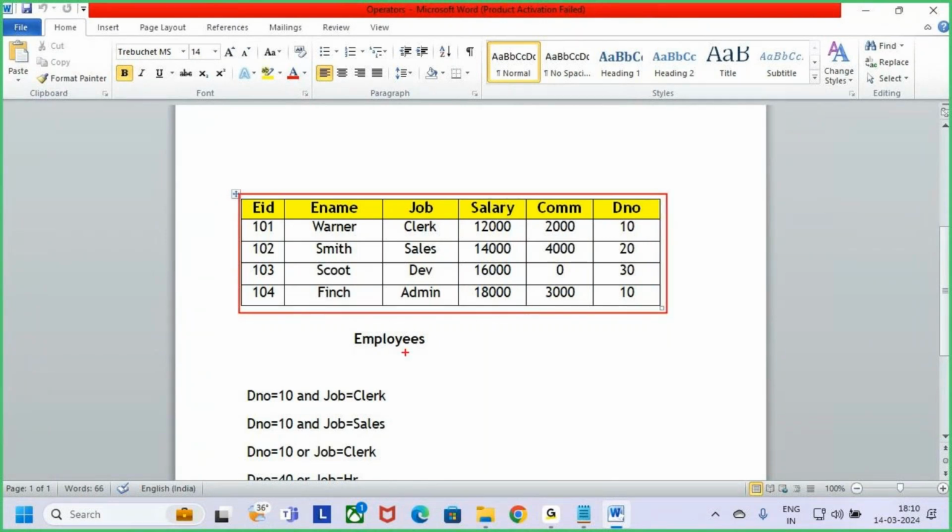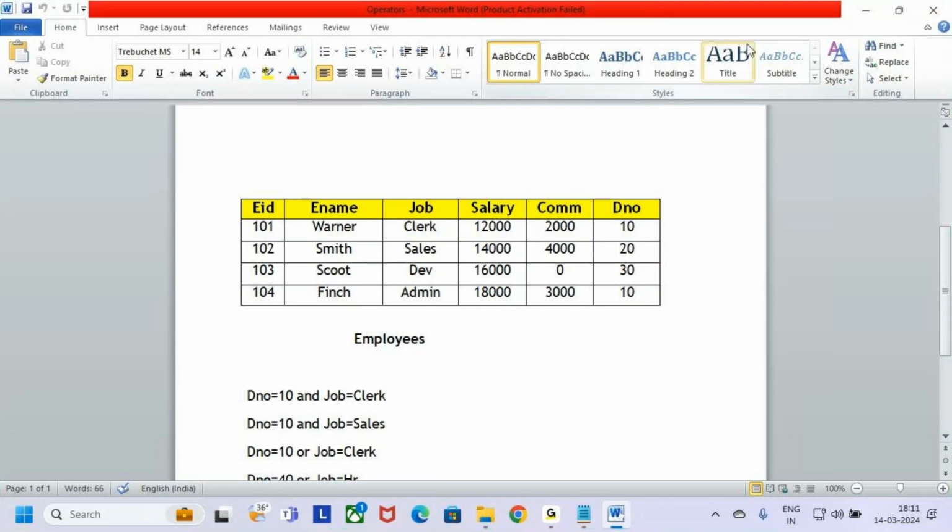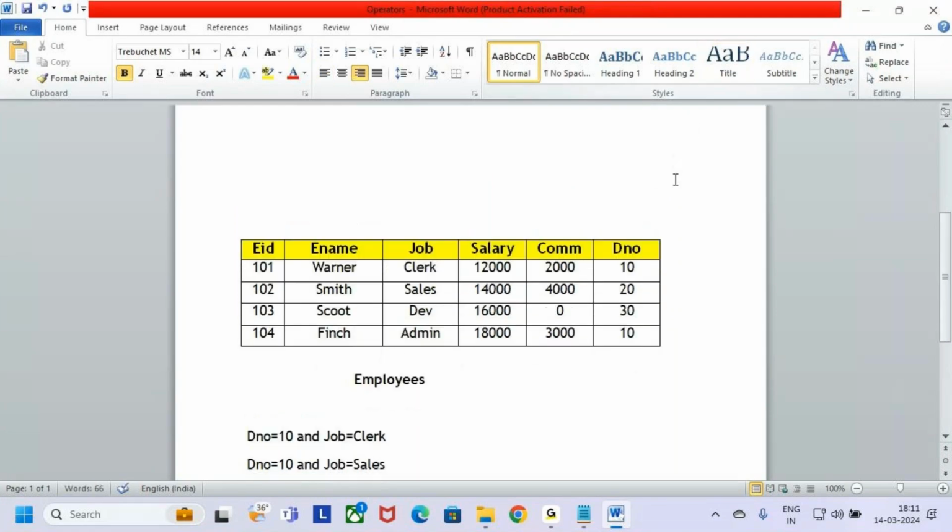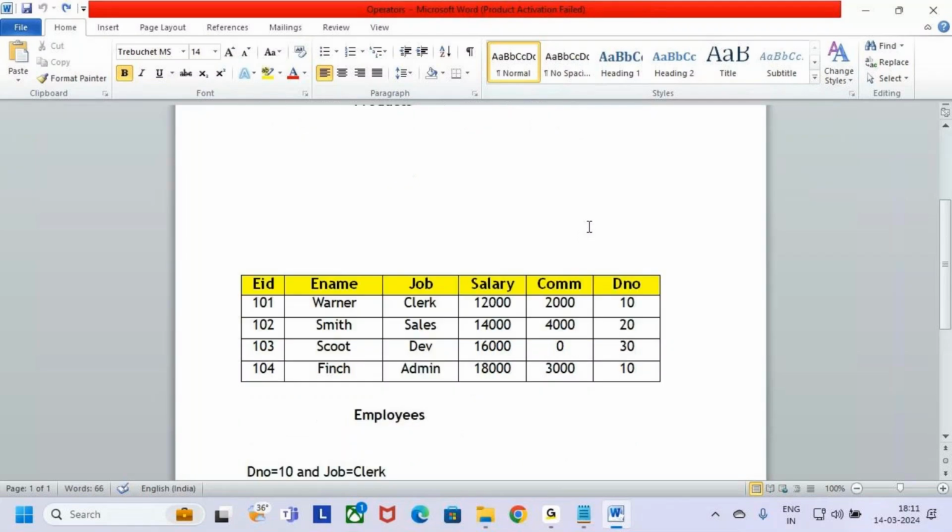My requirement is to add the salary column values with the commission column values. When I add the salary column with the commission column, I'm going to find out the total salary, guys. That is my requirement here.